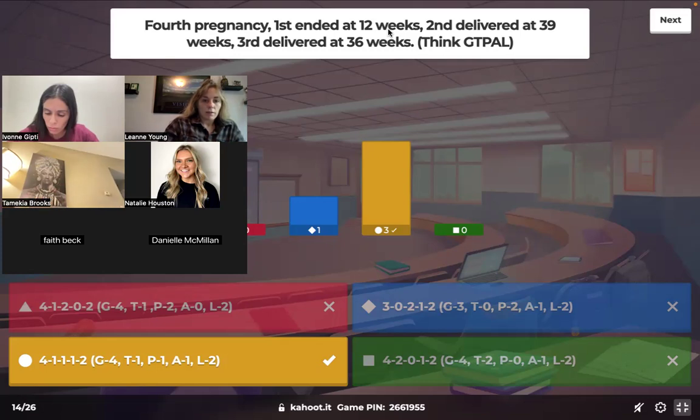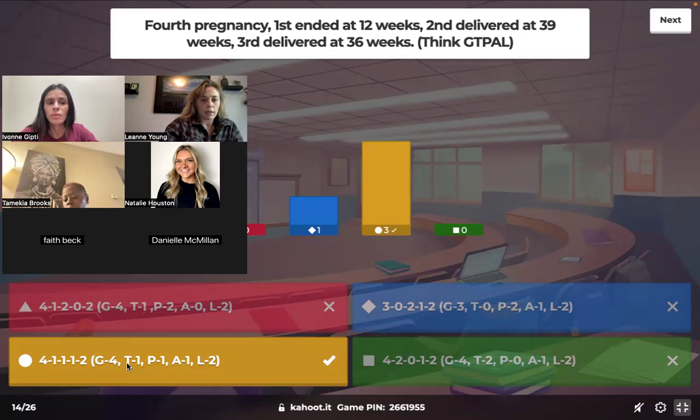So that's a full term gestation. That would be under your living, which would be your L. And then your third pregnancy was at 36 weeks, which is also over 20 weeks. And it was a viable baby. So that would go under L as well. So she is in her 4th pregnancy, so her gravidity is 4. She's had one term, because of the one delivered at 39 weeks. Preterm would be 1, that would be her 36-week delivery.